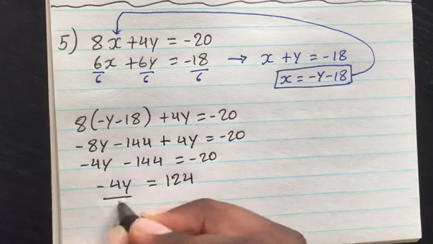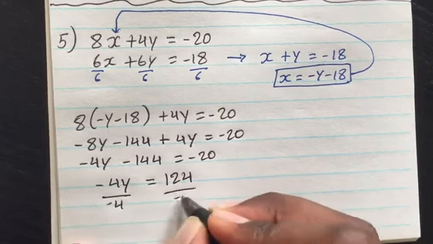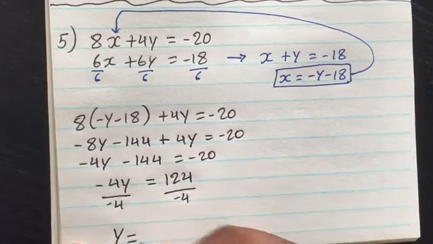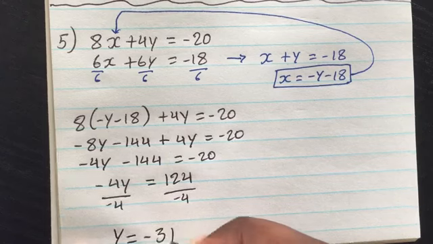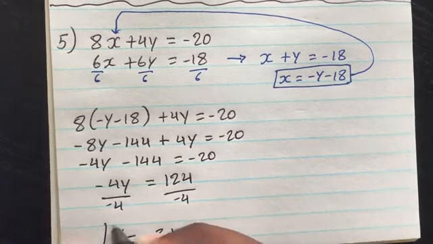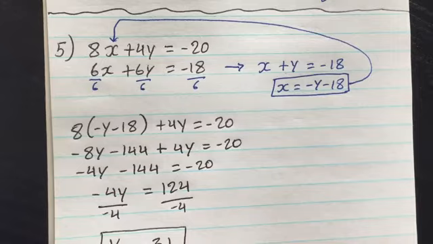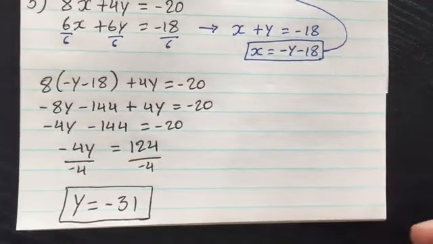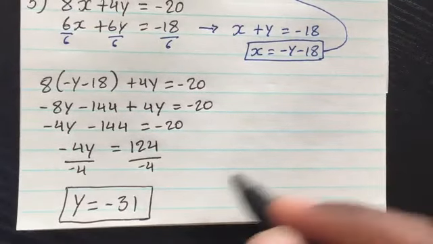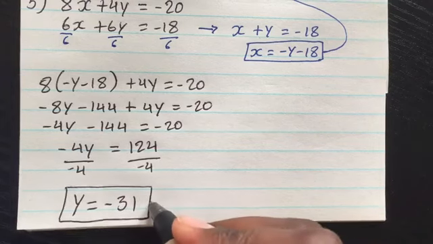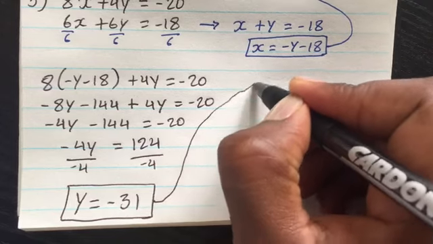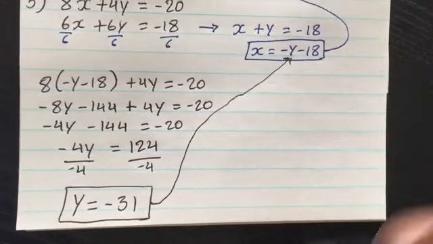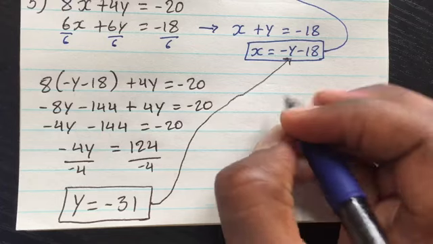Divide by a negative 4. Divide by a negative 4. Y equals 124 divided by a negative 4. I believe that's negative 31. Now we'll take this value and substitute into either one of those two equations, or you can just substitute right here because x is already isolated.